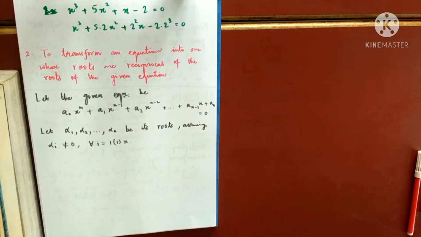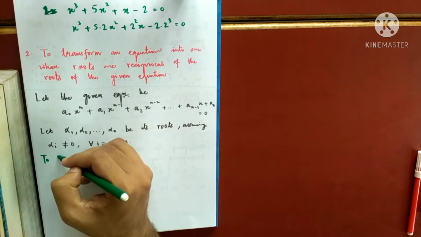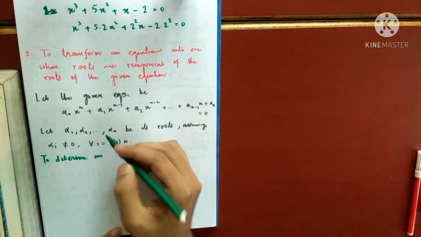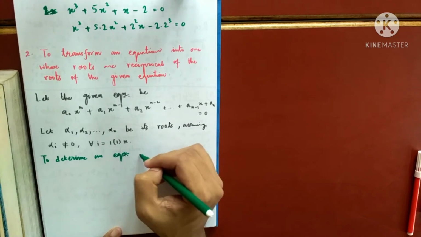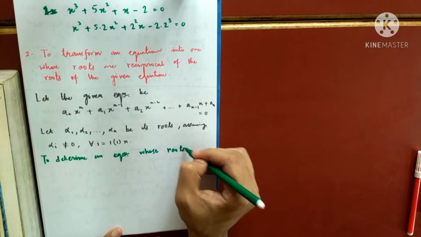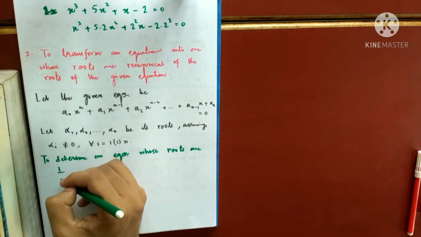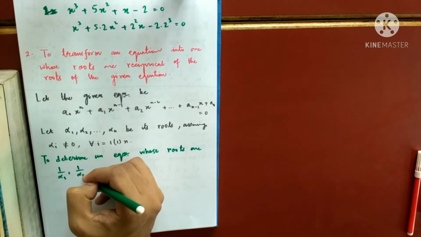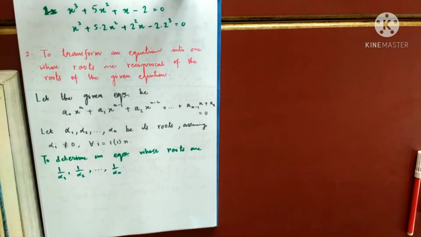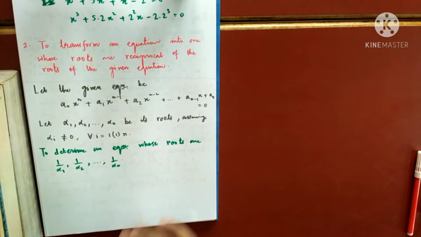My aim is this: to determine an equation whose roots are 1 by alpha 1, 1 by alpha 2, dot, dot, dot, 1 by alpha n. So this is my aim. Okay, I have to get an equation whose roots are 1 by alpha 1, 1 by alpha 2, dot, dot, 1 by alpha n. So this is my aim now.